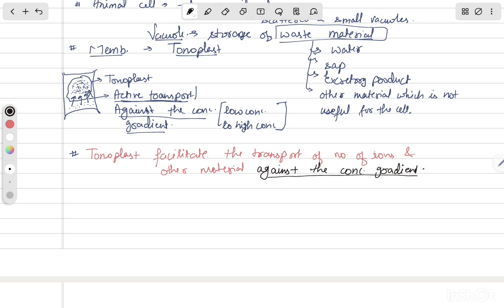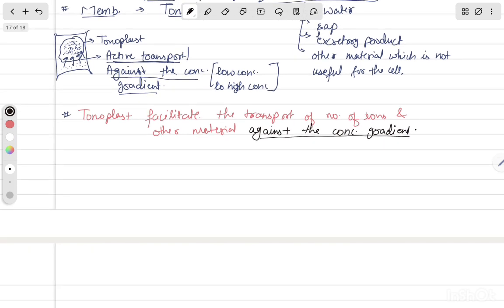Against the concentration gradient means low concentration to high concentration, that is from cytoplasm to the vacuole, right?